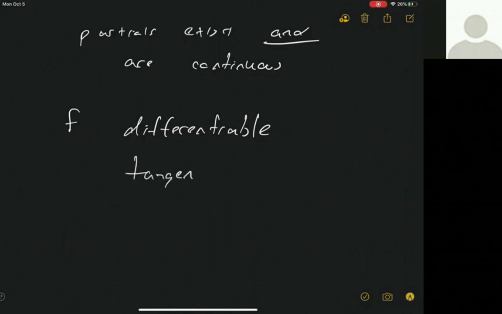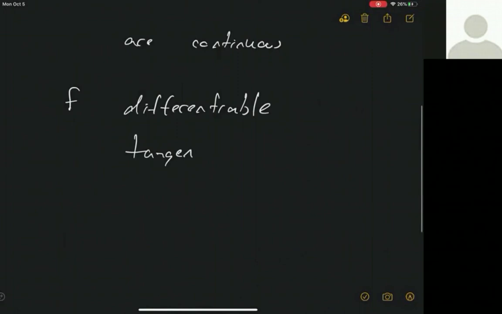We're going to have a tangent plane, which is the same as having a linear approximation.